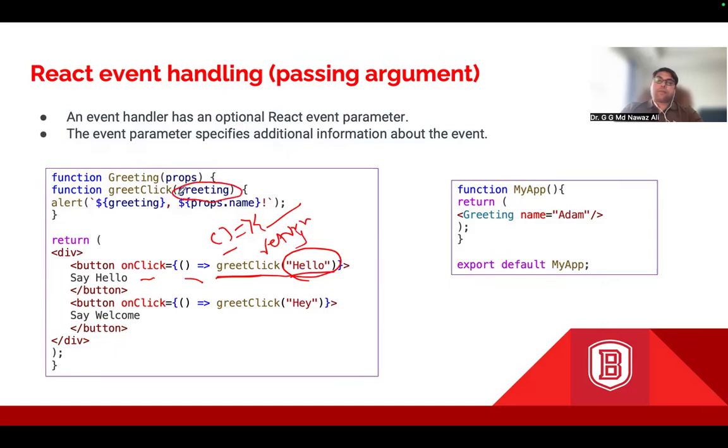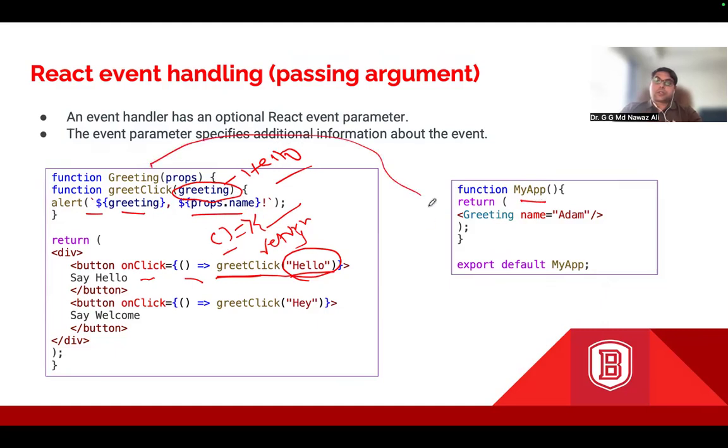This is the definition of the function, so this whole thing will be replaced by this one. Hello will go here, and then you will do an alert, and the greeting is now hello, and then props.name is whatever props you are passing from your app, which is calling the greeting.